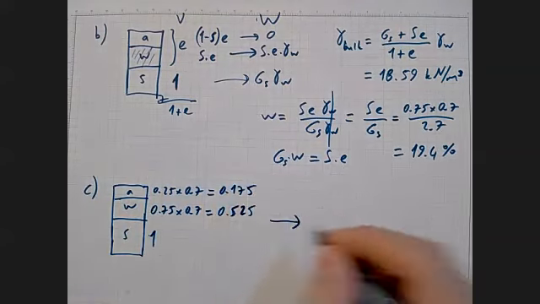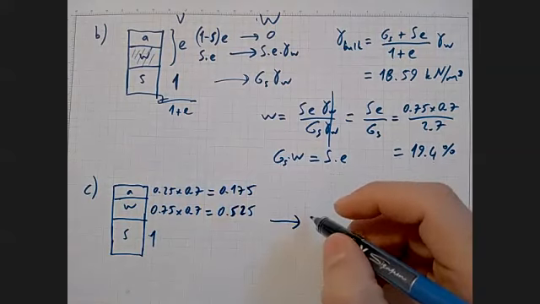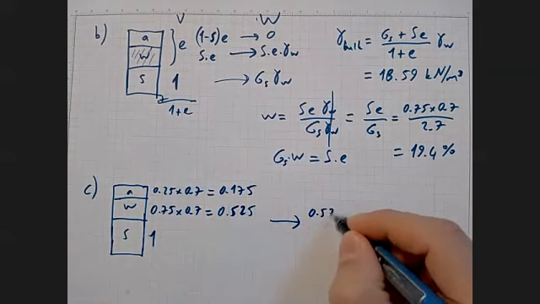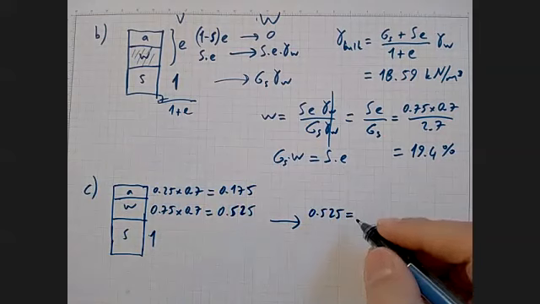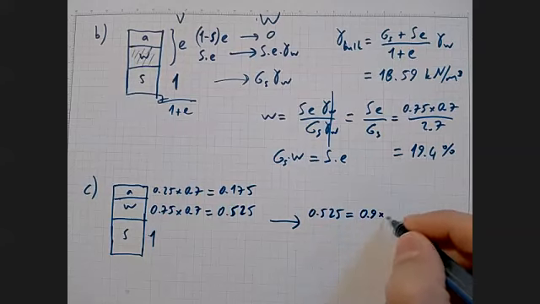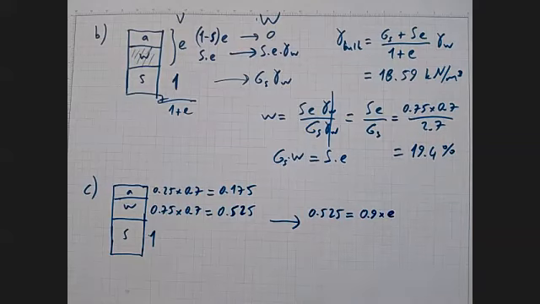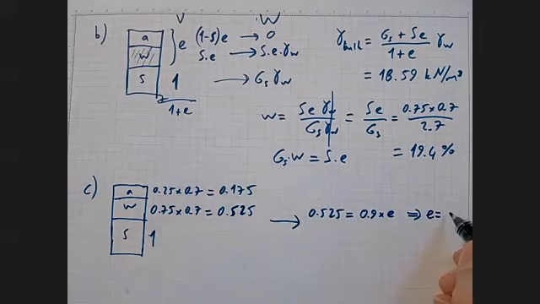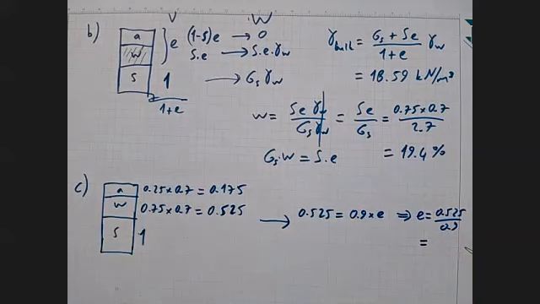So now I want to convert this into something such that this 0.525 is 90% of my voids, 0.9 times E. From there I can find my E is equal to 0.525 over 0.9, which would be something like that, 0.583 repeating.